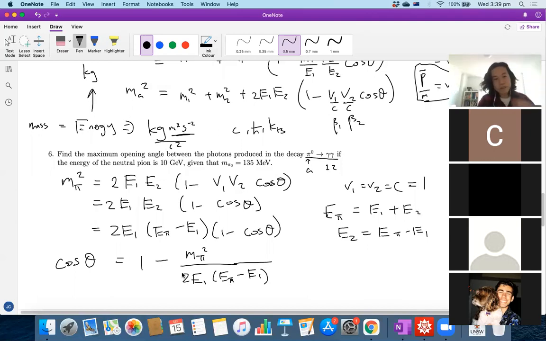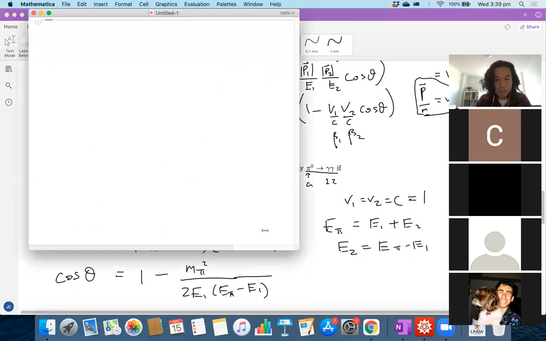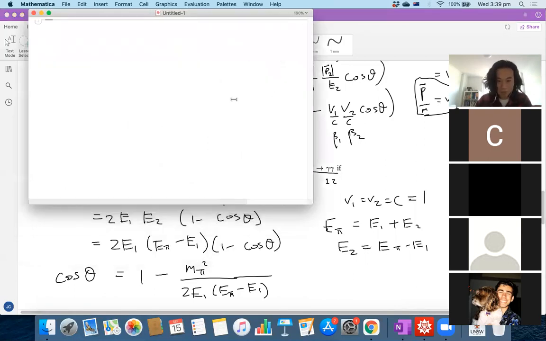Okay, cool. Now we just have to find the maximum angle from this expression. M pi is given, E pi is given, so one parameter. I can't differentiate this easily, so I'm going to use Mathematica. So here we have cos theta is equal to 1 minus m pi squared divided by 2 times E1 times (E pi minus E1).